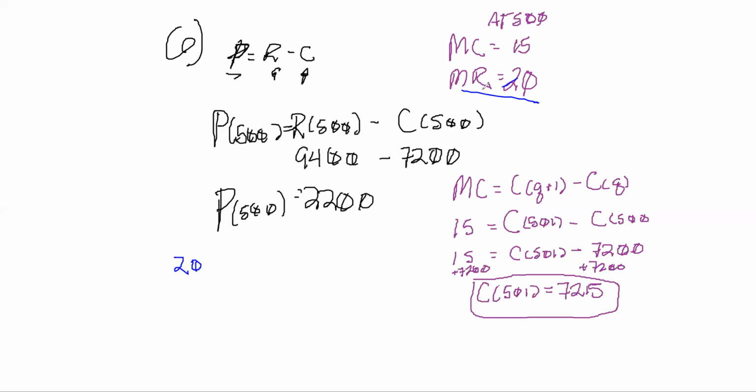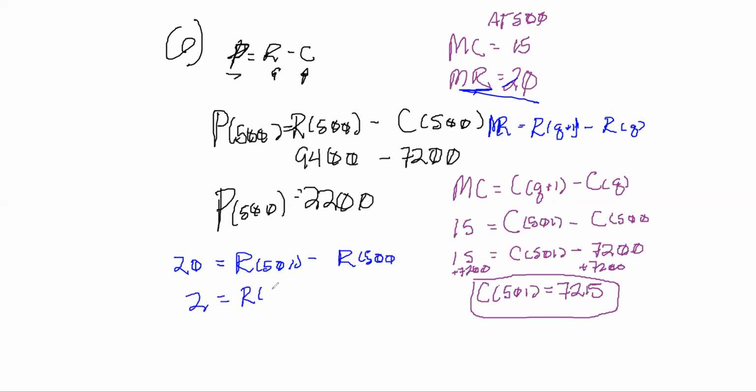And the same thing, this marginal revenue is just R. So marginal revenue is equal to R of Q plus 1 minus R of Q. So that's 20 is equal to R of 501 minus R of 500. 20 is equal to R of 501 minus 9,400. So R of 501 is equal to 9,420.